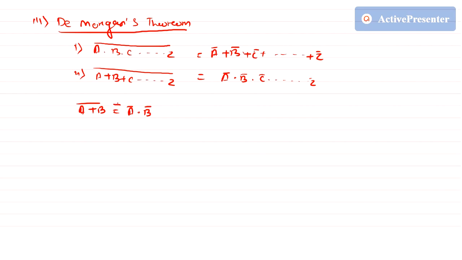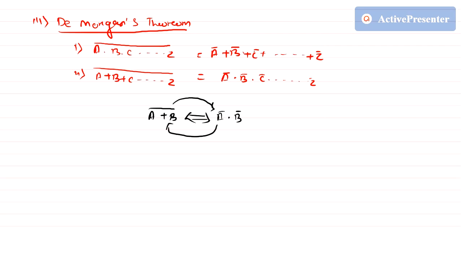So you have to remember like this. a plus b whole bar is a bar into b bar. So like this you have to remember, if there is a bar into b bar, then the answer will be a plus b whole bar. So it can go in this way or it can go in this way. So you have to remember this.